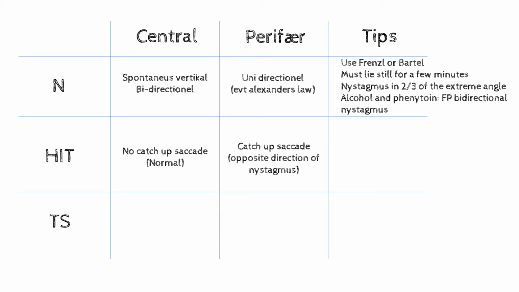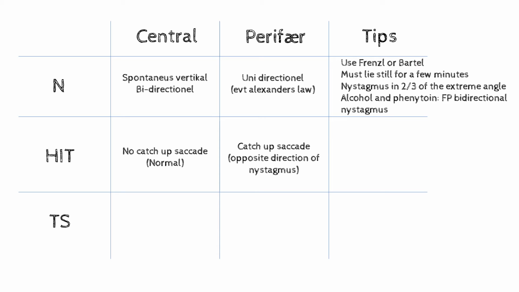Then you have the peripheral one where you have a catch-up saccade, and I encourage you to look at Peter Johns's videos to see what that looks like. And it's important, if it's vestibular neuritis and you have a nystagmus towards the right, then what you would expect is a catch-up saccade when you move the head to the other side.